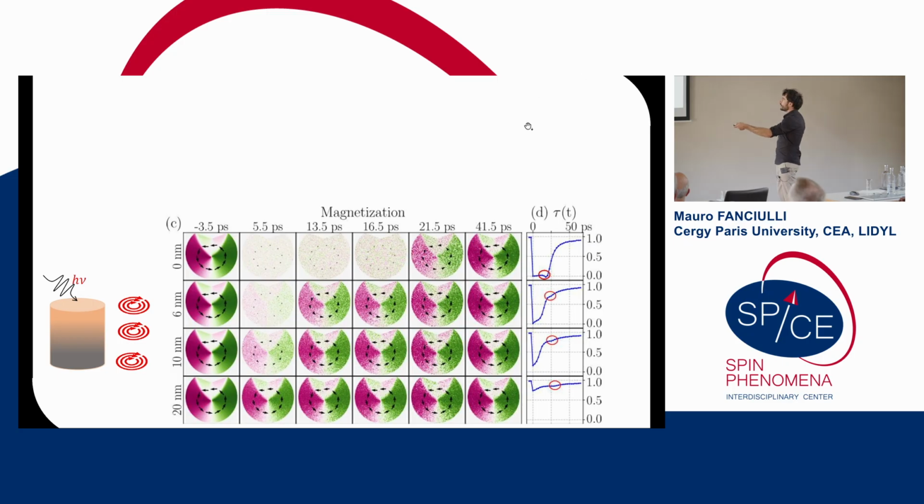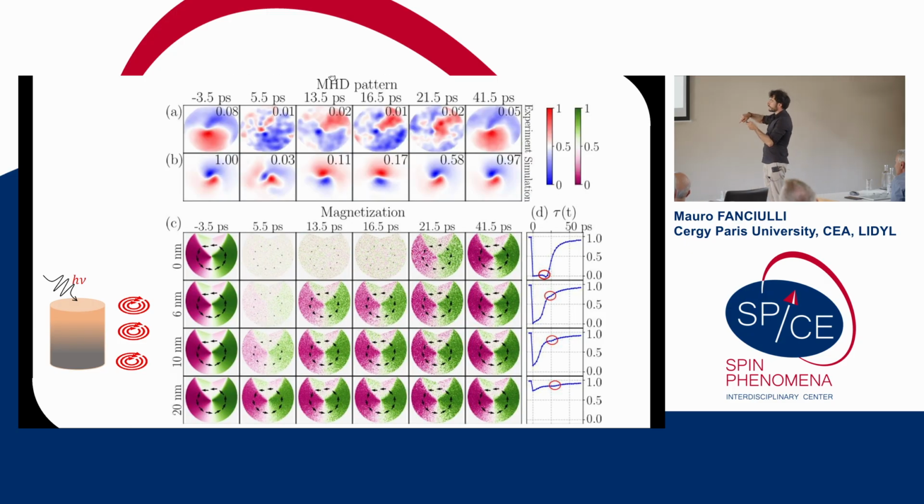And then we take each of these images as an input for our simulations of MHD, and then coherently sum all the results, taking into account the penetration depth of the infrared and of the FEL XUV. And this is the result of the numerical simulations in B, and in A, it is our experimental results.